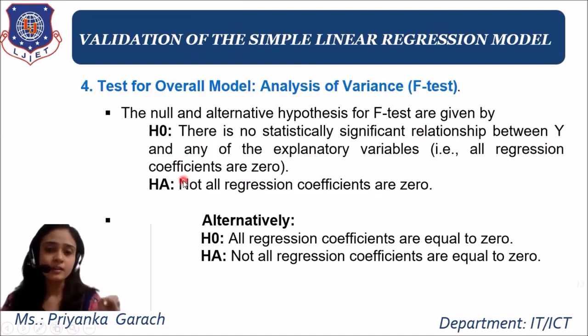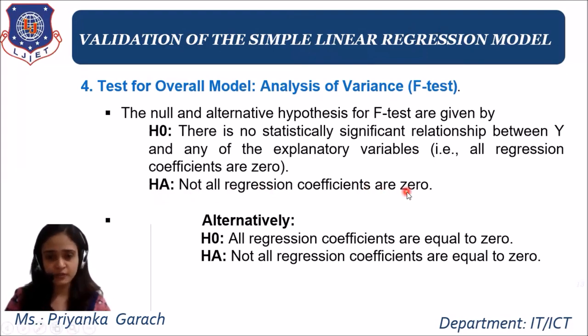It means all my regression coefficients are 0. It means the values of all the coefficients, beta 0 and beta 1, are 0. That is what the null hypothesis is telling us. If it is HA, the alternative hypothesis, it is telling us that not all the regression coefficients are 0.